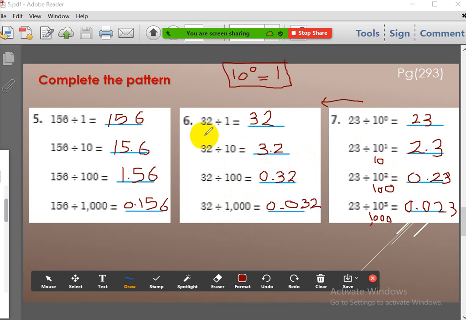Okay, girls, don't talk to each other, please, on the chat, and focus. Write the answers in your book. If you finish, please type 1 in the chat. If you don't finish, please type 0.